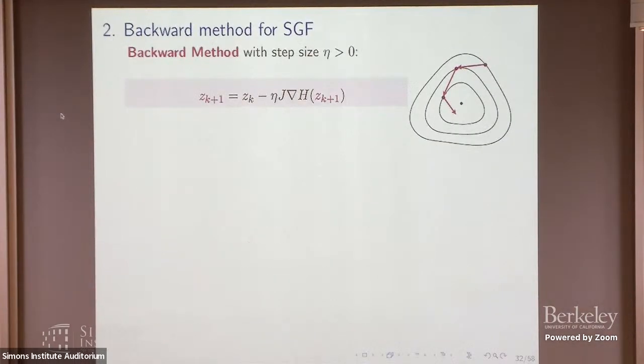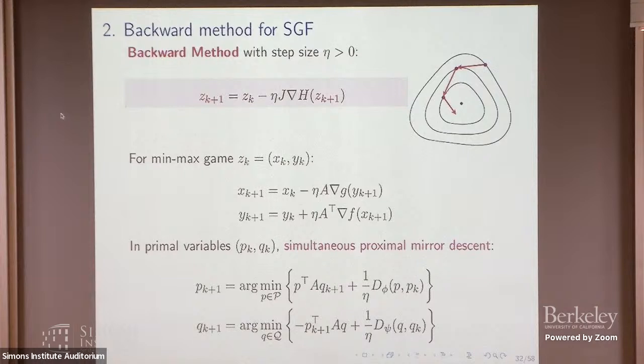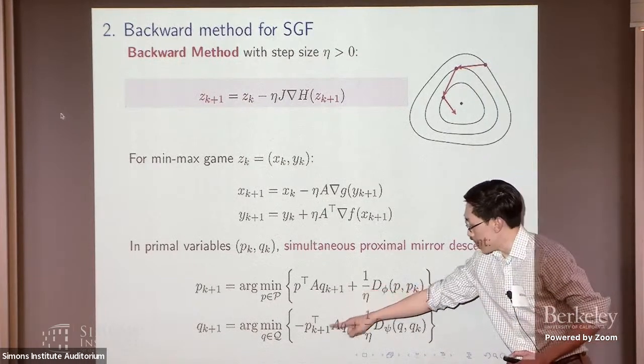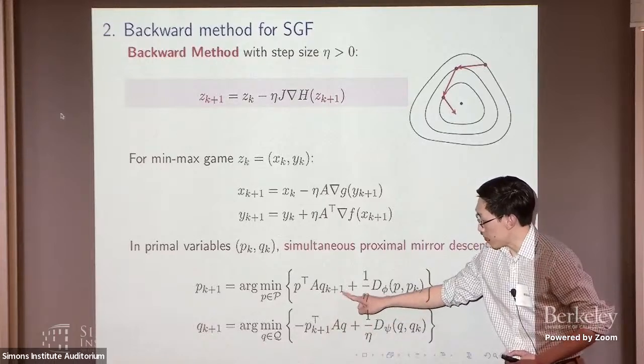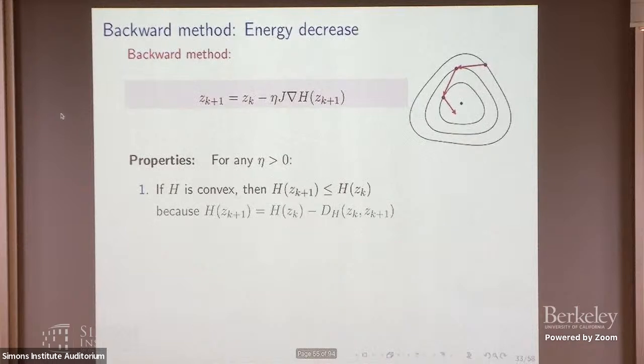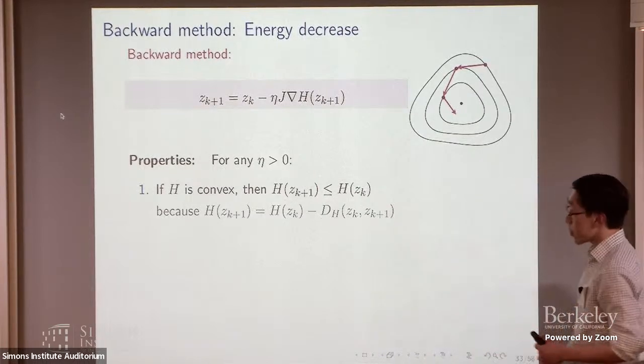Okay, now for the backward method, this is the implicit update. So you have to be able to solve this. For the min-max game, the update is also implicit. And in the primal variables, this corresponds to running simultaneous proximal mirror descent. So you need to be able to solve this equation. But now we get the opposite behavior: in each iteration, your function value is decreasing because in each iteration you lose this Bregman divergence.